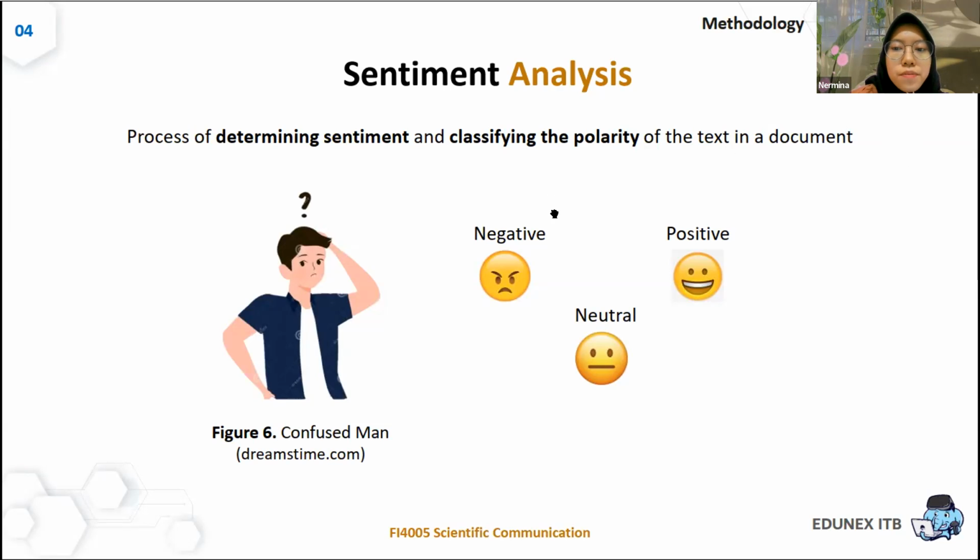So it can be classified as negative, positive, or neutral. The positive class contains praise, suggestion, or positive emotions such as happy or pleasure. And the negative sentiment contains disappointment, criticism, and negative emotions such as anger and upset.